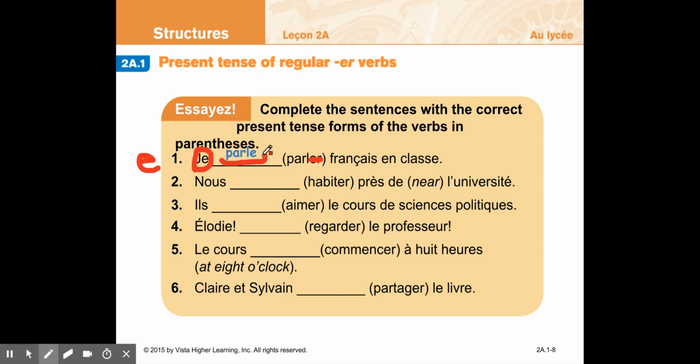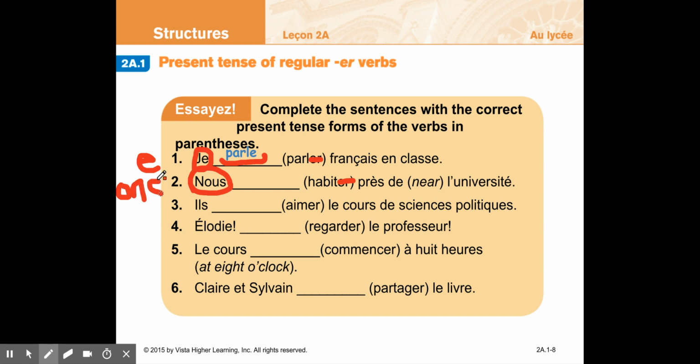Okay, so let's look at number 2 really quickly. "Nous blank habiter près de l'université." Step 1, we're going to take off the ER. Step 2 would be that we're going to identify the ending that goes along with nous. So what's the ending that goes along with nous? I hope you just shout it out.